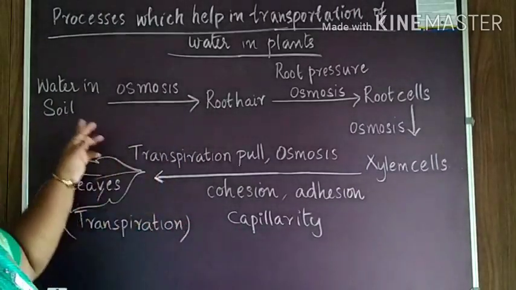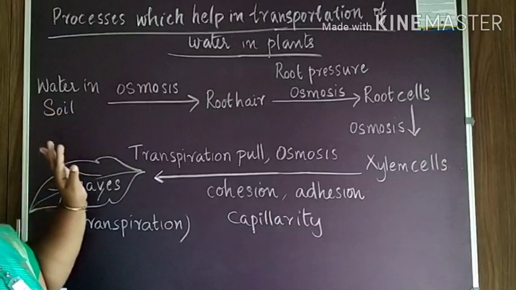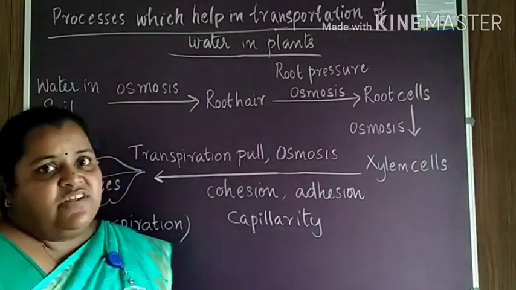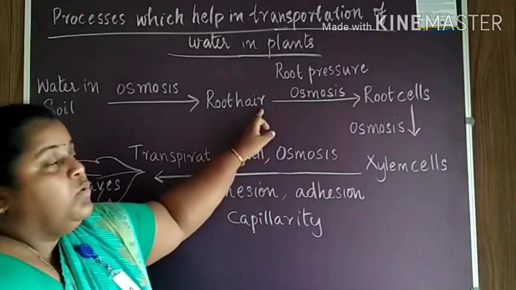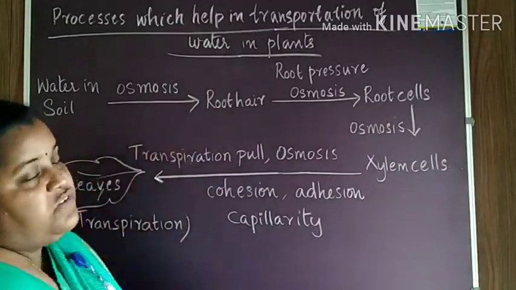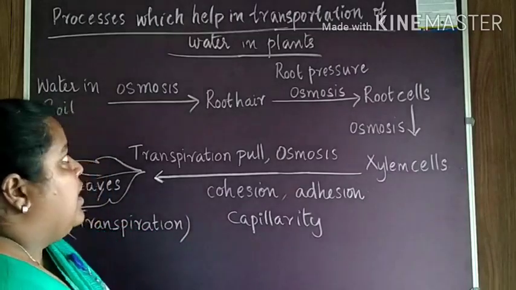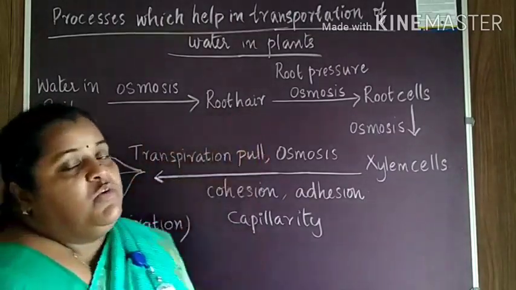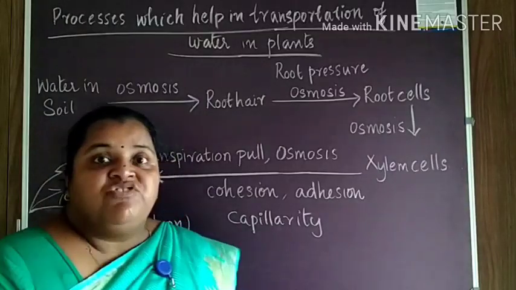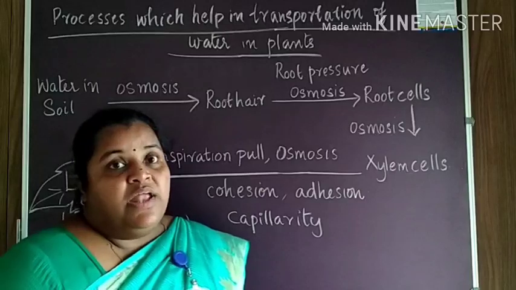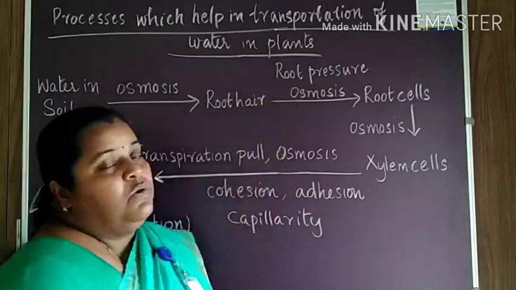We know that water in the soil is absorbed by the fine hair-like structures in the root known as root hair by the process known as osmosis. When the water enters into the root hair, a pressure is developed in the first cell of the root, and that pressure is known as root pressure.